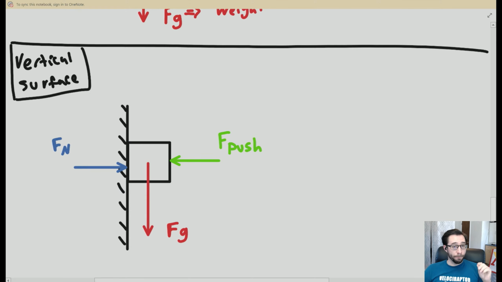Now, if I'm pushing a box against the wall, as a thought experiment, it's possible that I can just hold it still, and it does not move. Do you guys agree with that? Like I can push a box against the wall and it stays there, pushing up against the wall. It's a pretty believable situation.